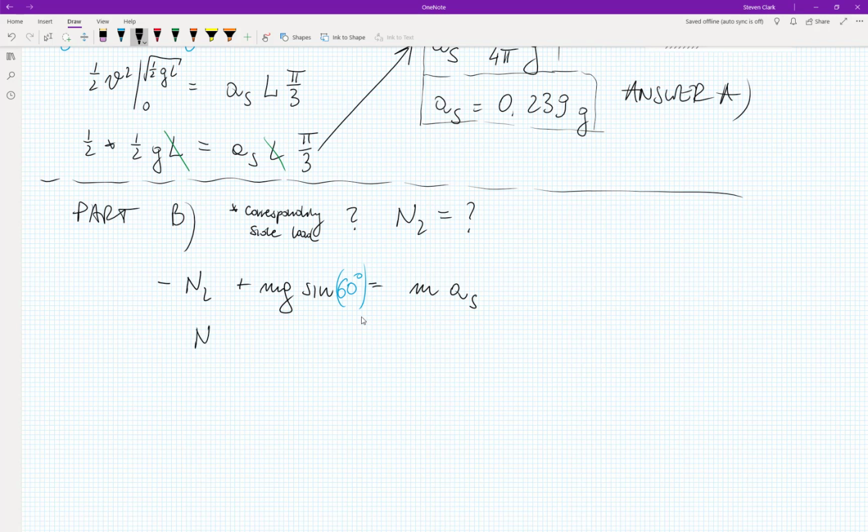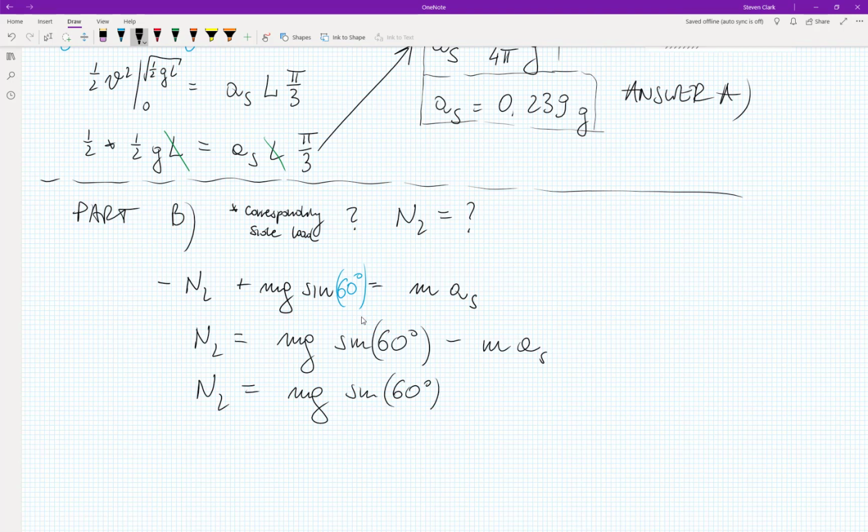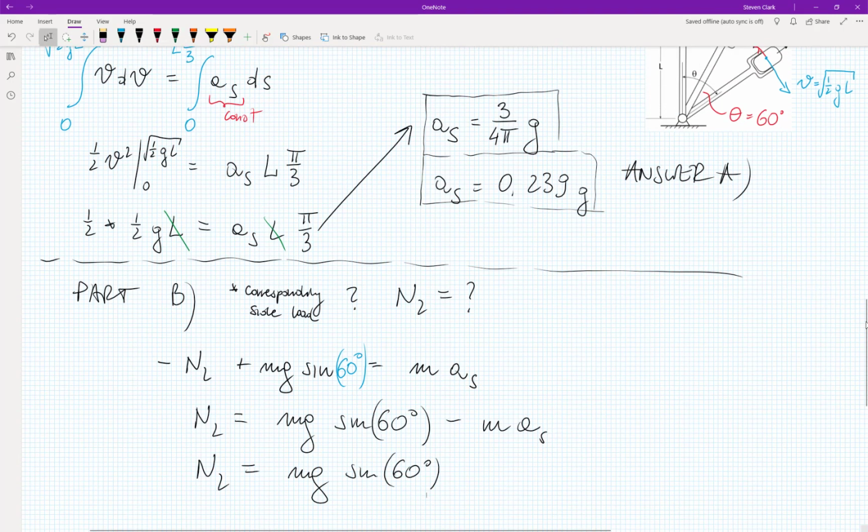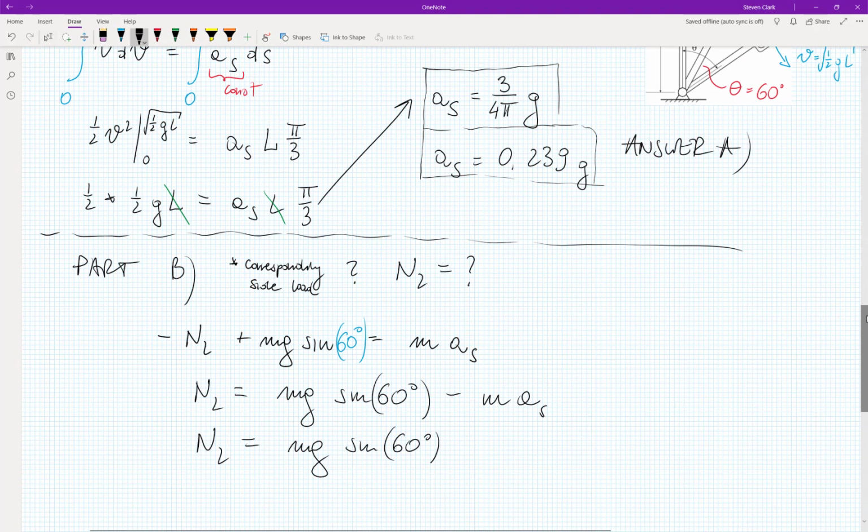So N2 will be mg sine 60 degrees minus MAS. So basically, N2 will be equal to mg sine 60 degrees minus mg 3 over 4 pi.